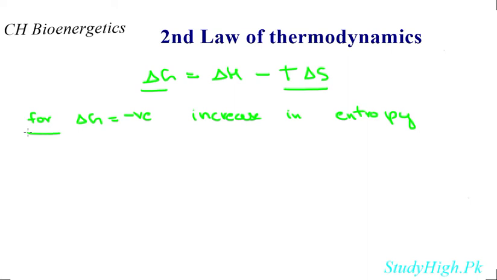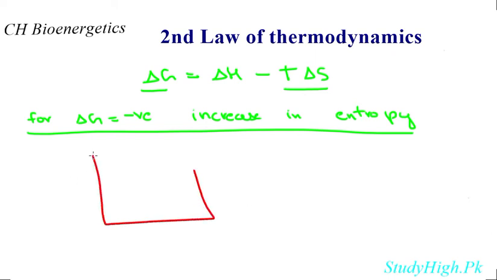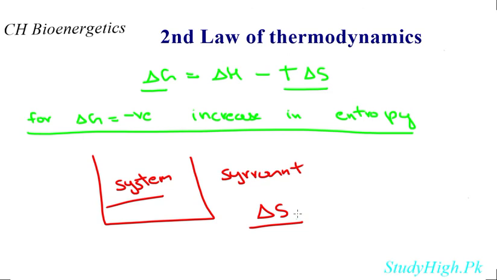This is the second law of thermodynamics. Let me explain what it wants to say. Just assume this is a system in which biochemical or chemical reactions are happening, and this is the surrounding. What is entropy? Entropy is disorder, randomness. It will be positive when heat is released into the surrounding.